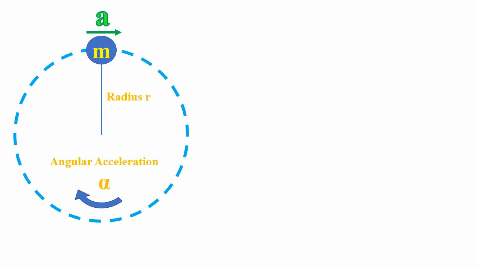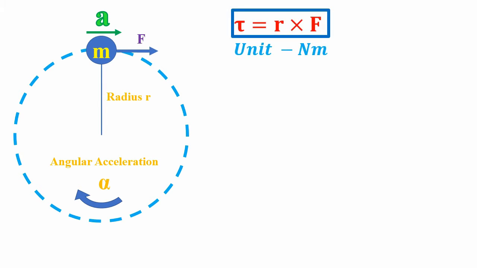The tangential acceleration a must be driven by some force F acting on this object, and with time, as the object travels along the circular path, the direction of both the acceleration and the force must change. While F directly causes a, we introduce a new quantity called torque, which represents how effective the force is at causing the angular acceleration alpha.